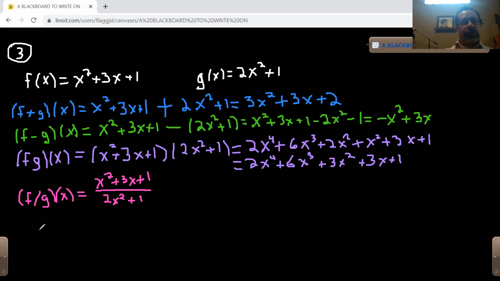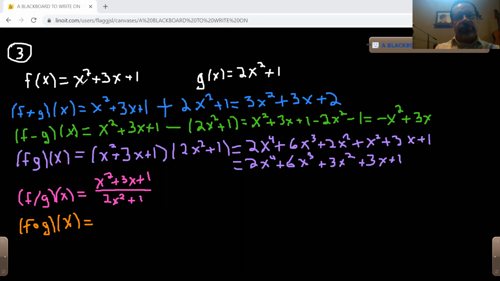The first is going to be f composition g, which basically means that we're substituting g and putting g inside of f. Now, I'm going to do this with a procedure that I suggest you use, or if you want to use any other procedure that's clearer to you, that's totally fine.